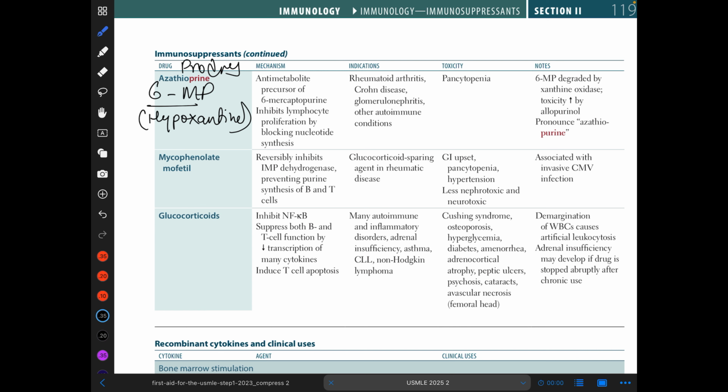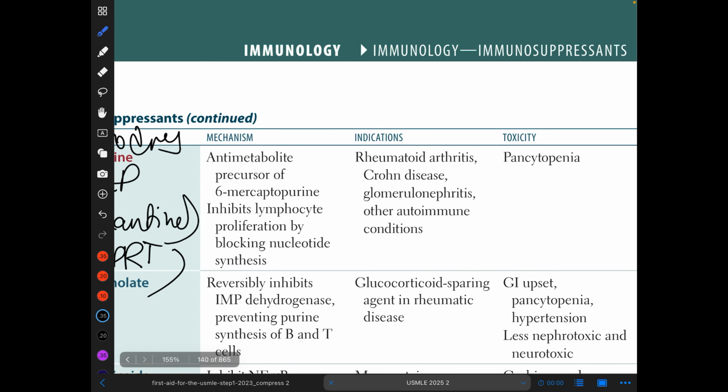So 6-mercaptopurine competes for binding to HGPRT, which stands for hypoxanthine guanine phosphoribosyltransferase, and it converts hypoxanthine into inosine monophosphate.